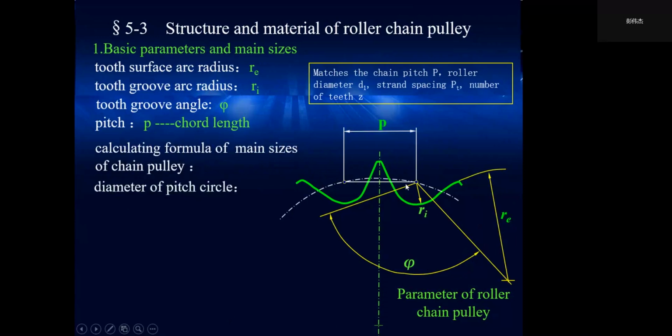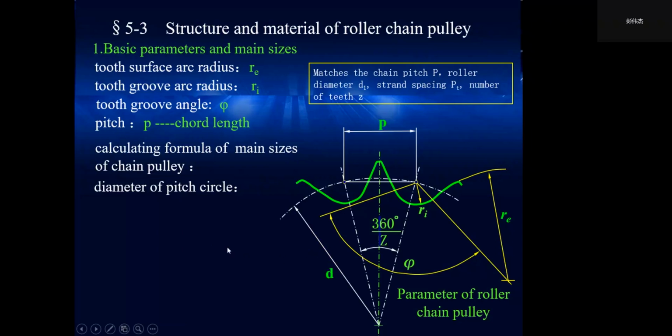The calculation formulas of the main sizes of the sprocket include the diameter of the pitch circle, the circle formed by the vertices of a polygon. This is the pitch circle d.